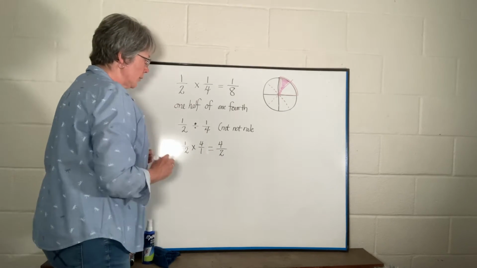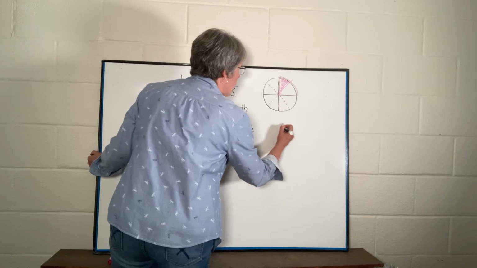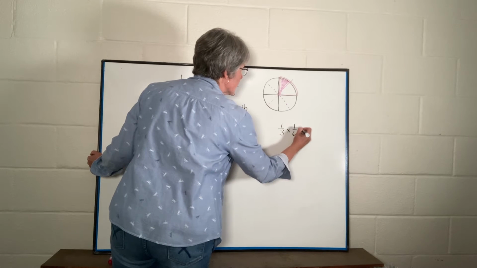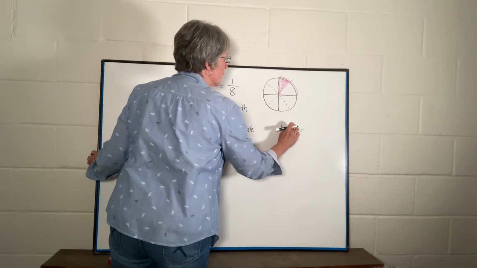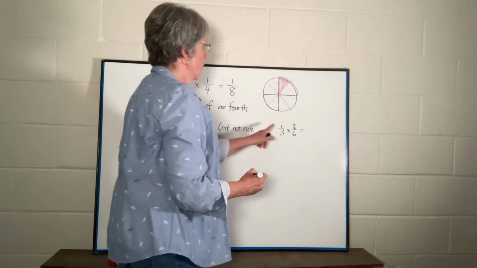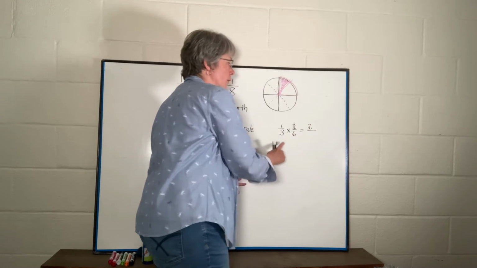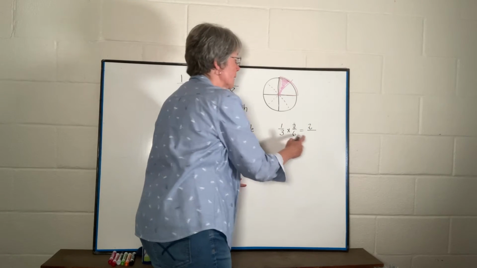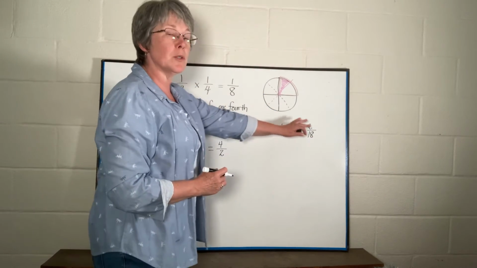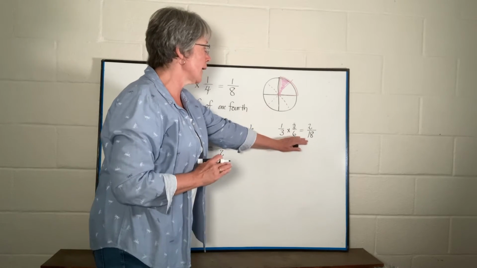So, quick review. Let's do just a couple more right here. 1/3 times 1/6. Well, let's make it a little harder. Let's do 2/6. 1 times 2 is 2. That's our numerator. 3 times 6 is 18. That's our denominator. Again, that can be reduced if your student is already doing that, but we're not going to do that right now.